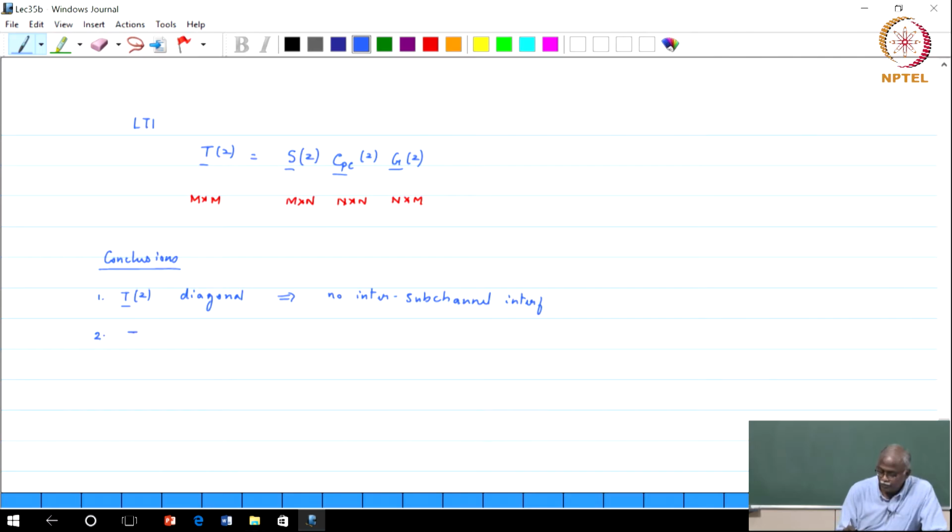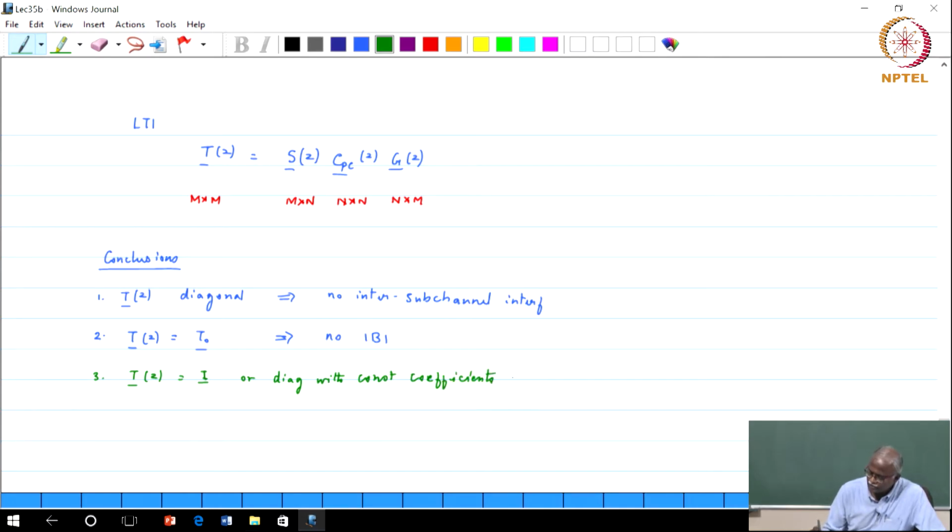Okay, and if T of z is equal to a constant matrix, that means no inter-block interference. I will write it as IBI. And of course, if T of z is equal to an identity matrix or any other diagonal matrix with constant coefficients, then we call it perfect symbol recovery.